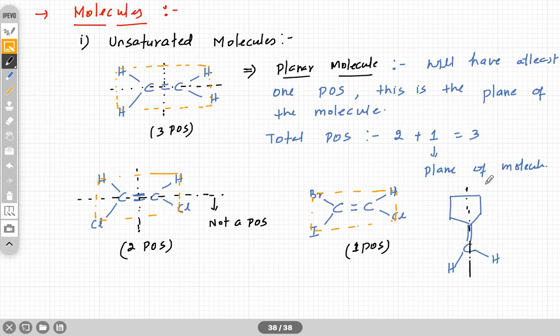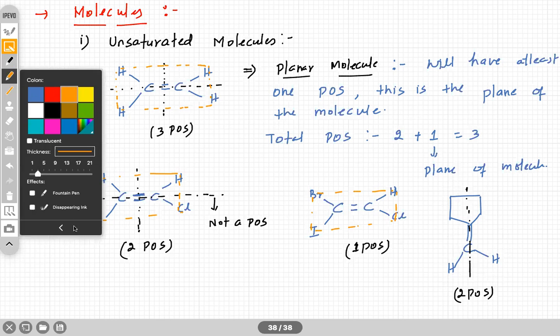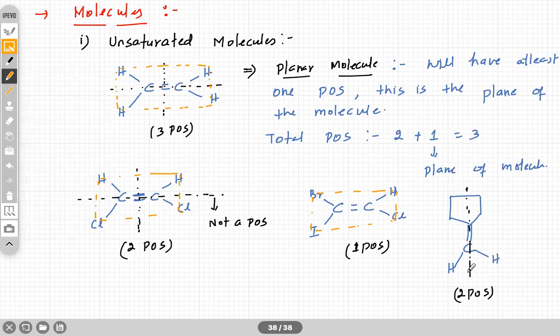You can cut the molecule like this. Each point has its mirror image. Okay, so one POS is this. Another one is again the plane of this molecule, right? So we'll have total 2 POS possible in this one. Right, along this plane, we can have a plane of symmetry and total 2 POS here.